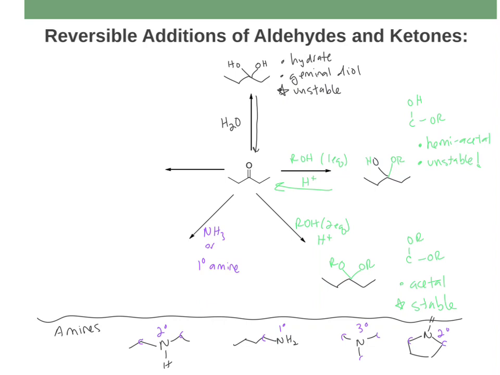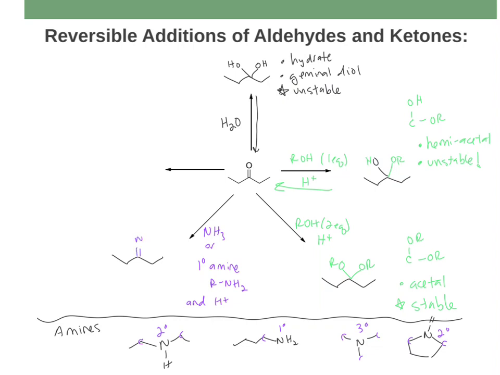So in this reaction up here, when I'm talking about ammonia or a primary amine, I can only have 1 R group coming off of it. So I can have an R group with an NH2. And these usually also have an acid catalyst, so I'll put an H+. What you're going to form if you take a primary amine and acid and react those with a carbonyl is what's called an imine.